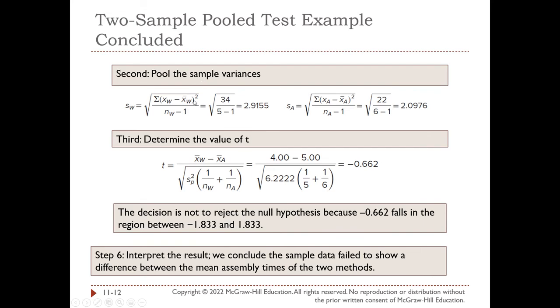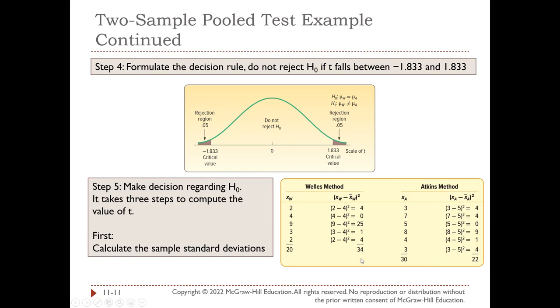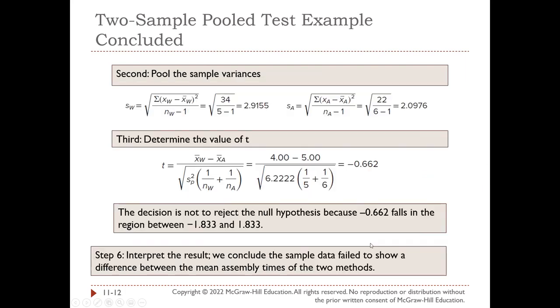So this is where they take the 34, which is right here, and divide by their sample size minus 1, square root it, which we get a 2.9. So there's our standard deviation for Wells, and then we figure out the standard deviation for Atkins, doing the same method as we've done before. Okay, so again, both the standard deviations are known.